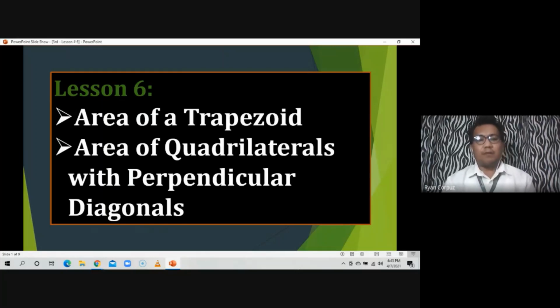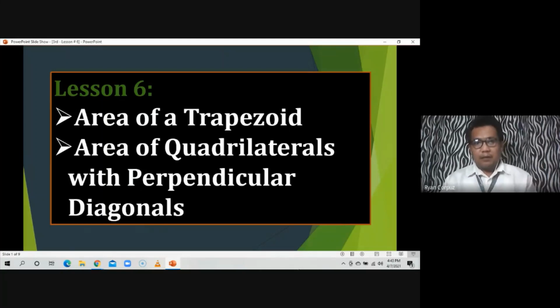Again, what we are going to talk about here is about the area of a trapezoid and area of quadrilaterals with perpendicular diagonals. So, para ma-solve natin yung problems on finding the area of a trapezoid and quadrilaterals with perpendicular diagonals or other things that we have to find out in this lesson, it will be easier if we are going to come up with a formula on solving for it.